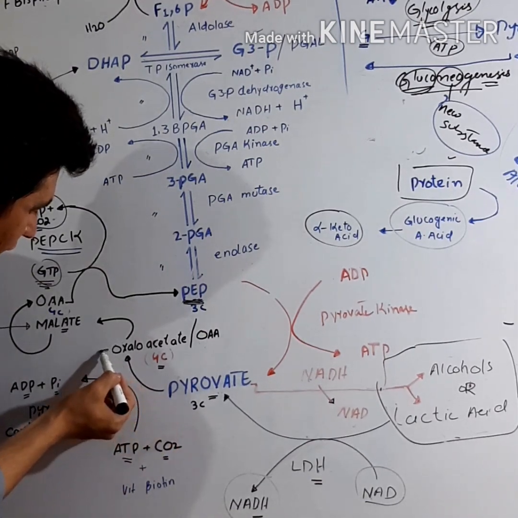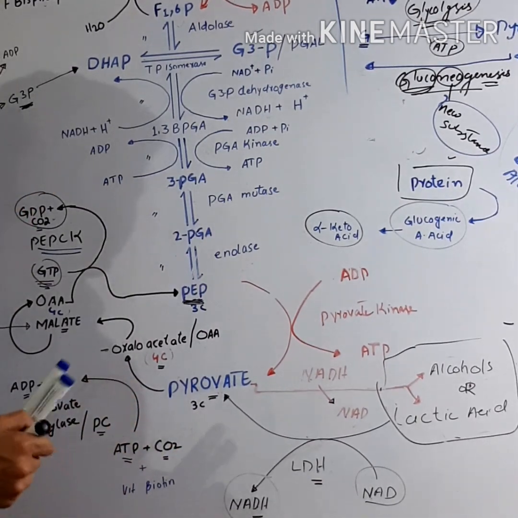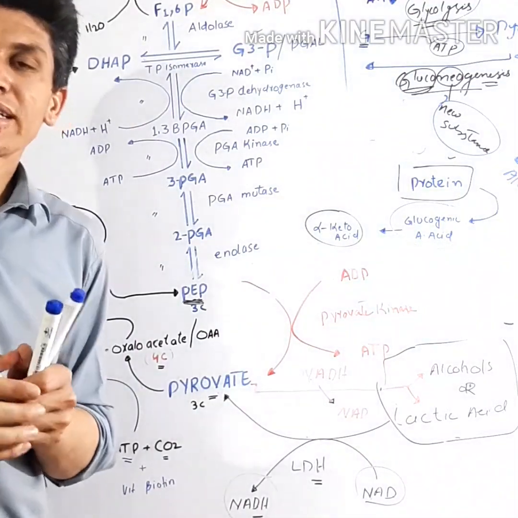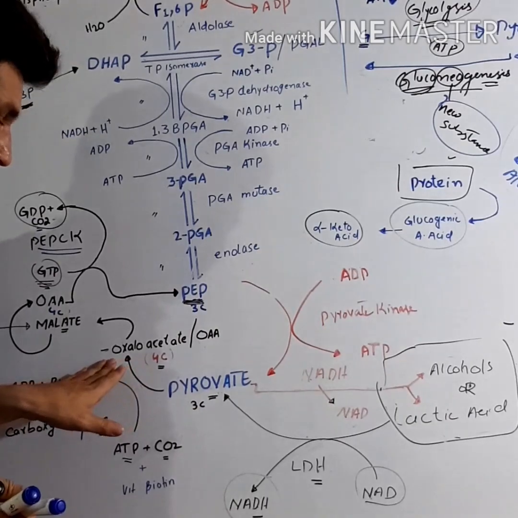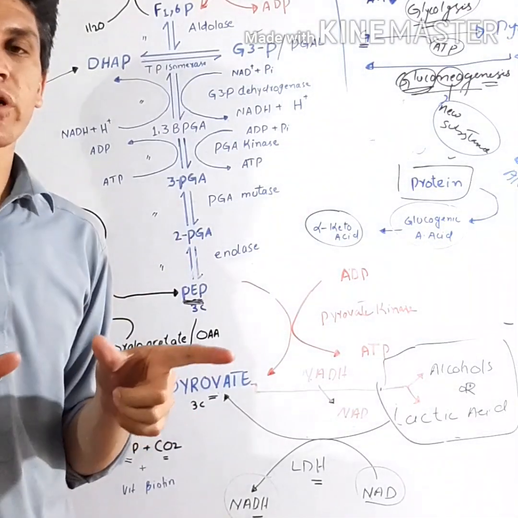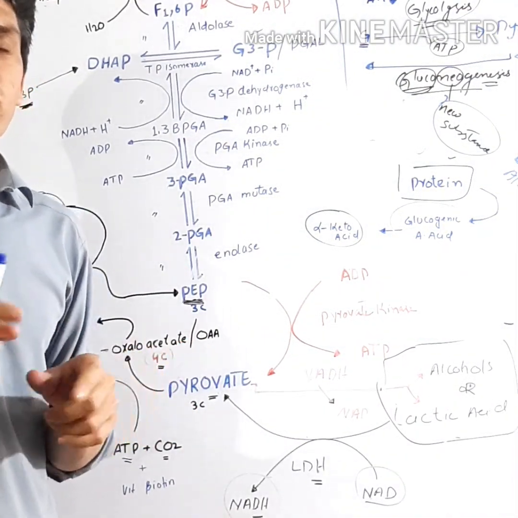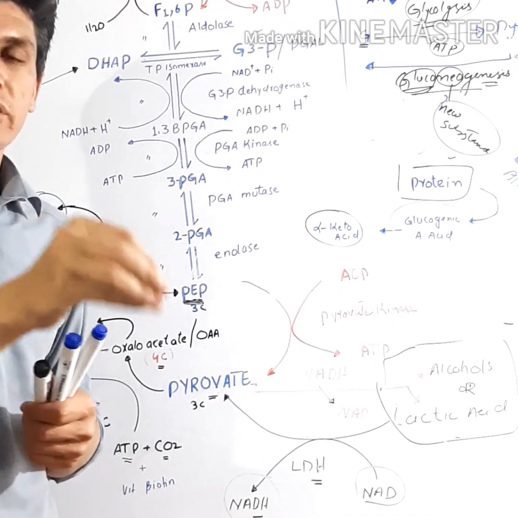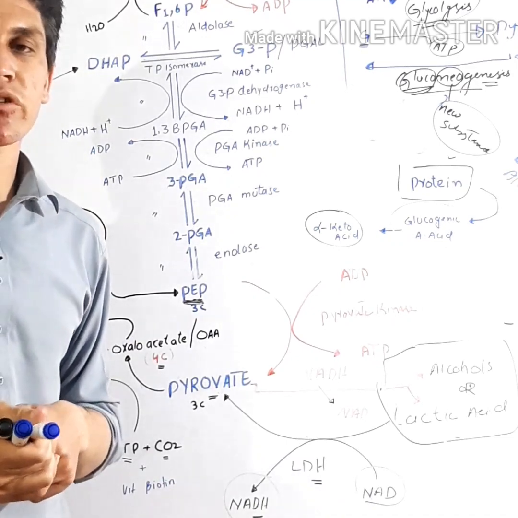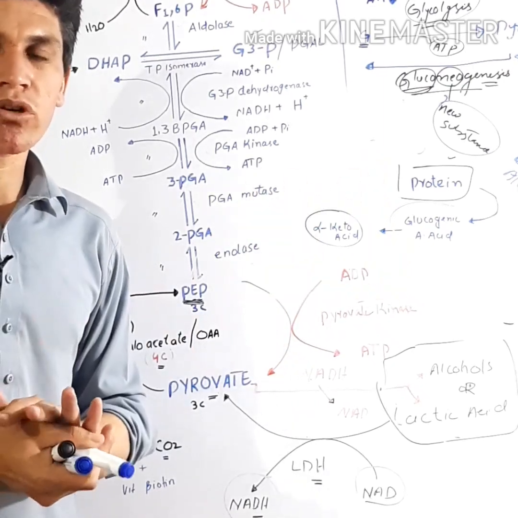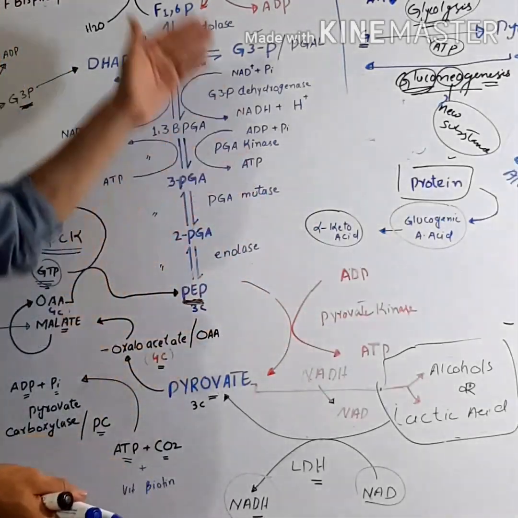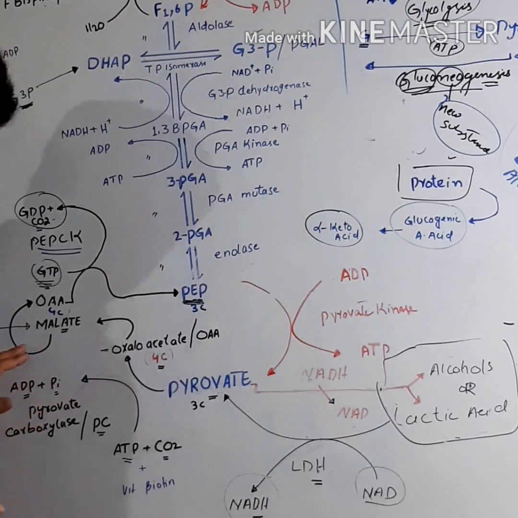Now the oxaloacetate, this is a very interesting point. The oxaloacetate cannot leave the mitochondria because the membrane of the mitochondria is not permeable to oxaloacetate. Therefore, oxaloacetate must be converted into another molecule to leave the mitochondria, reach the cytosol of the cell and be converted into glucose.